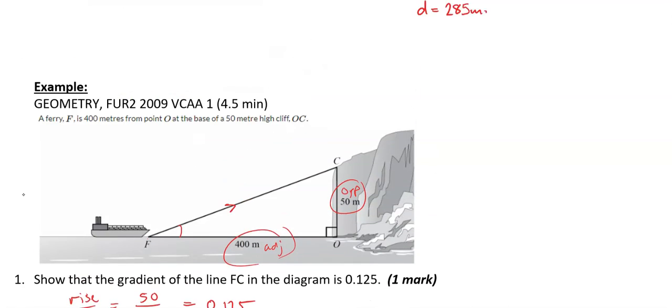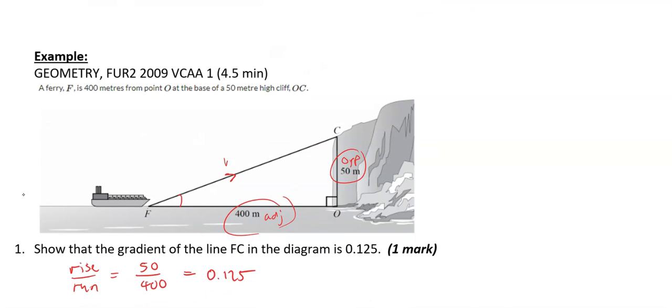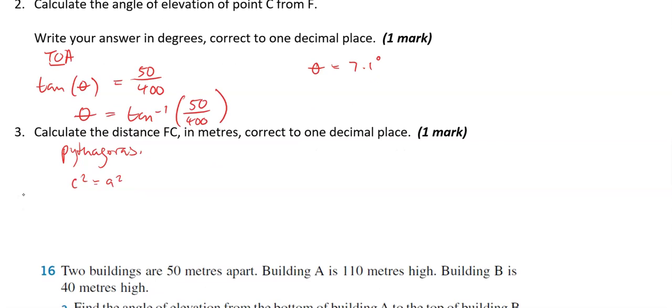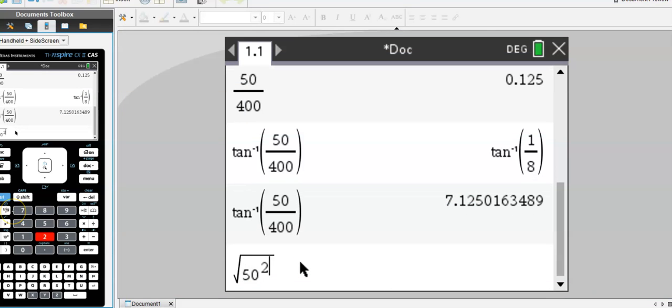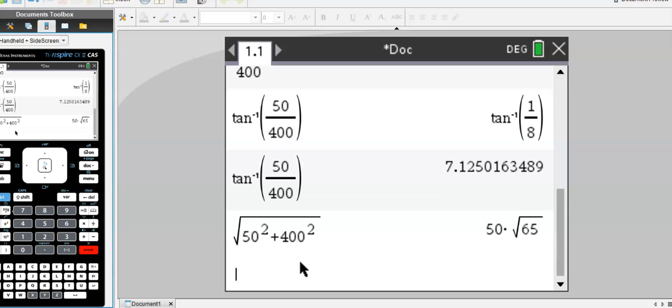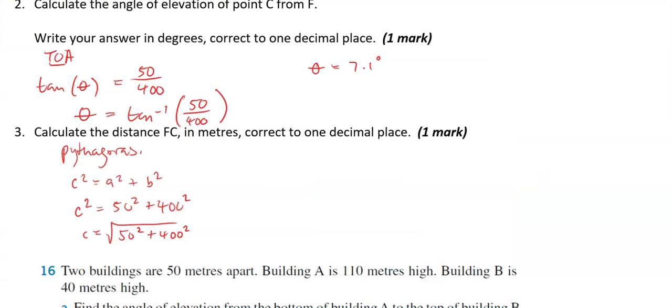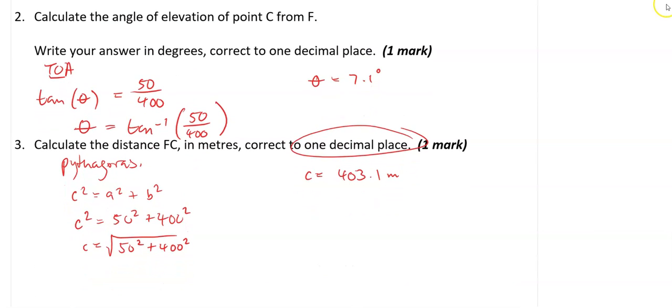So FC is the hypotenuse there, which in Pythagoras we would call C, and then this is A and this is B. So remembering that C squared equals A squared plus B squared, that means that C squared is 50 squared plus 400 squared, so C is equal to the square root of them. Press Control Enter for the decimal. 403.11, they want 1 decimal place. And that's an example of an exam question on this.